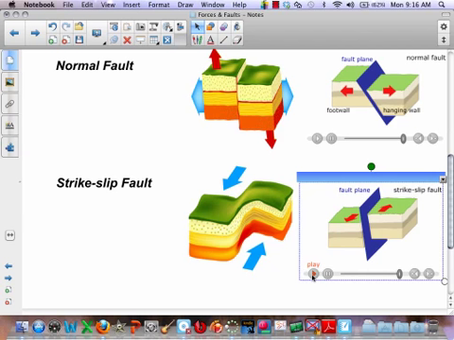Now, what's really interesting with the strike slip faults, and you can see this with the San Andreas fault in a couple of places in California, is we have our river, right? But in a strike slip, they're moving away from one another.